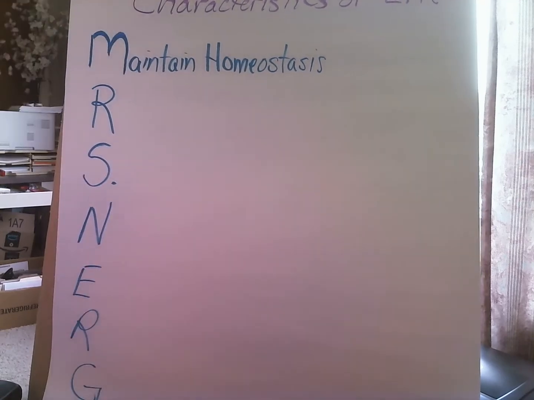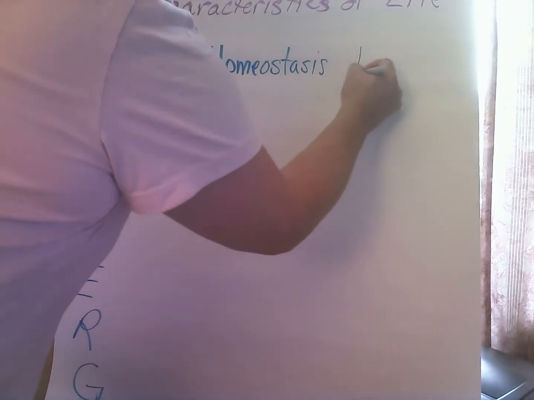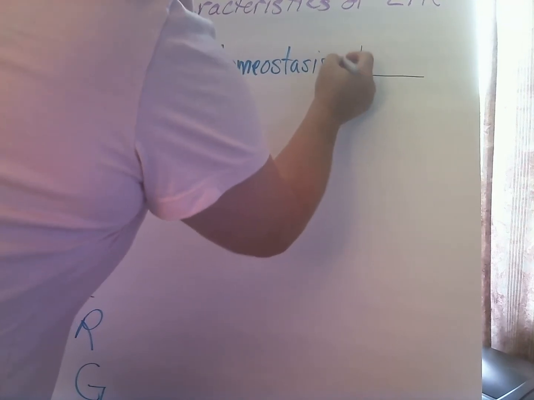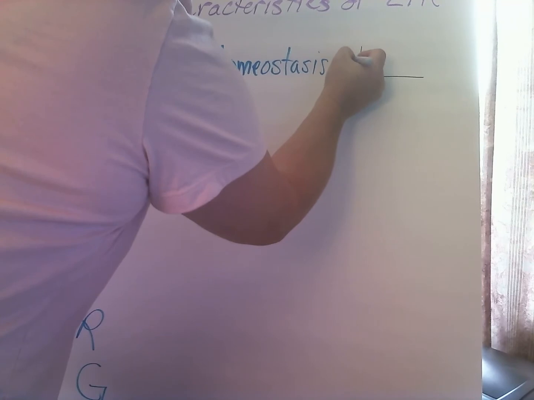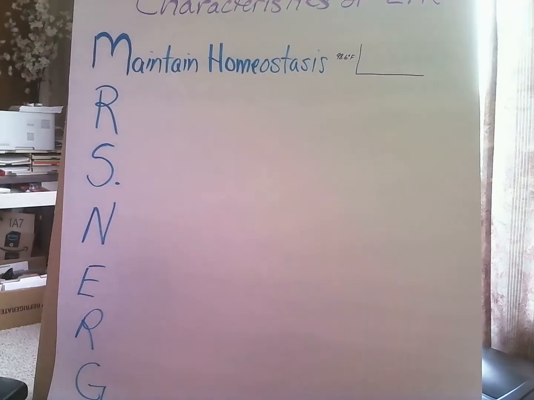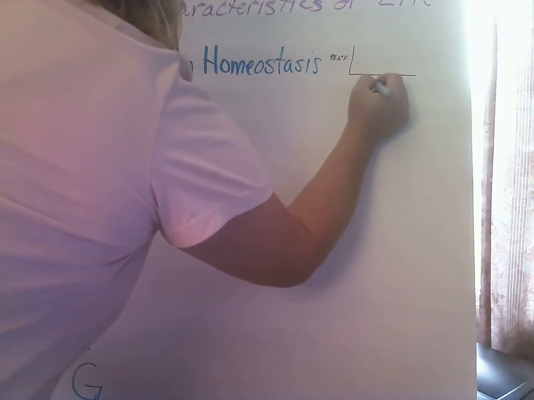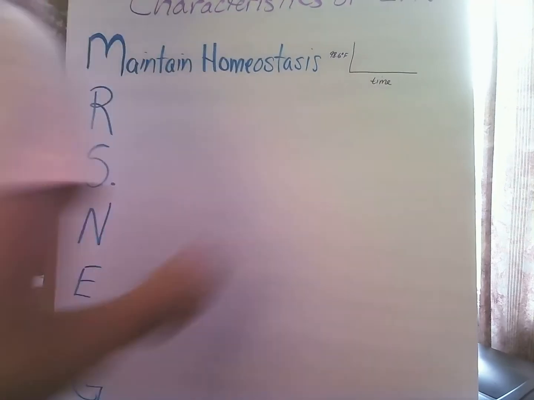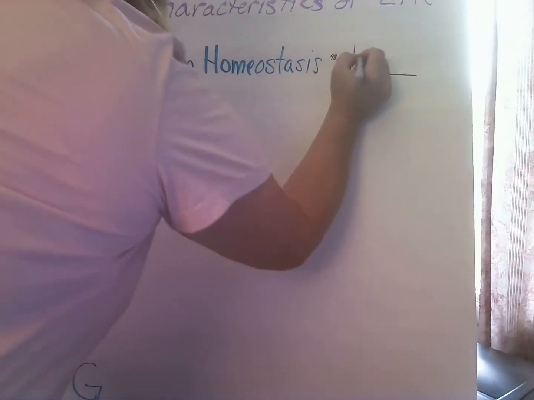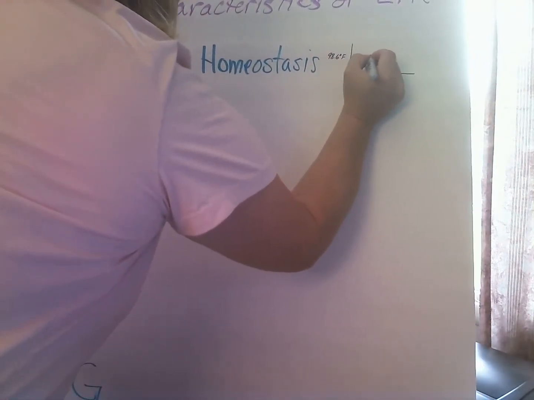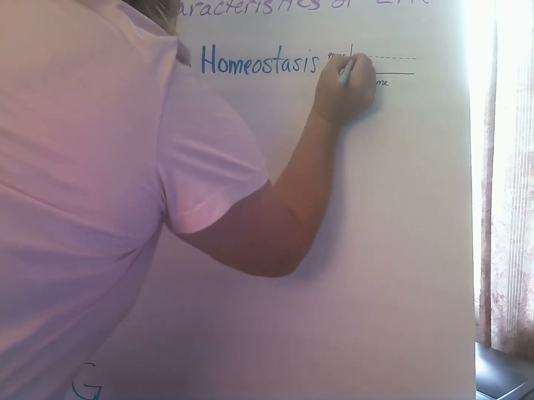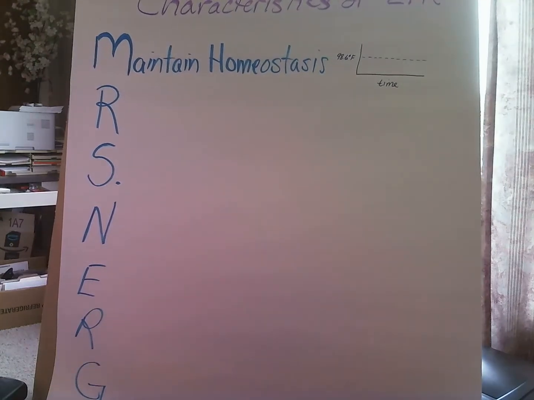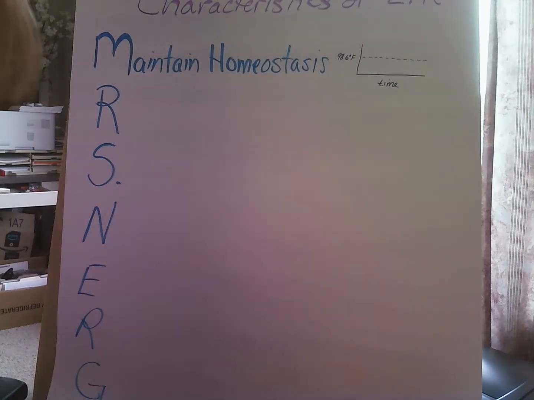So, one classic example of homeostasis is that our body temperatures are 98.6 Fahrenheit. And here would be time. And so this is our set point. Our bodies want to be at 98.6. They work well there.